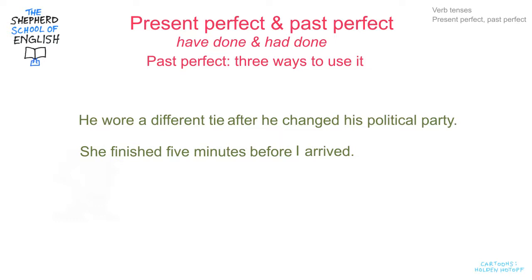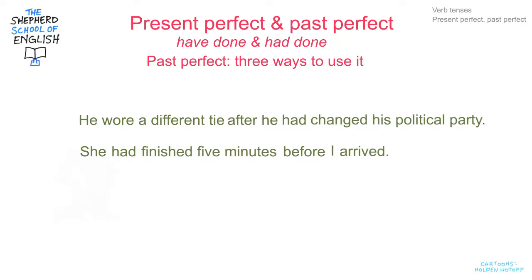In the first one, he changed his political party comes first, and then he wore a different tie. In the second one, she finished comes first, and then I arrived. So, two actions in the past, one before the other. We should use the past perfect, right? Well, yes, and we can, like this.